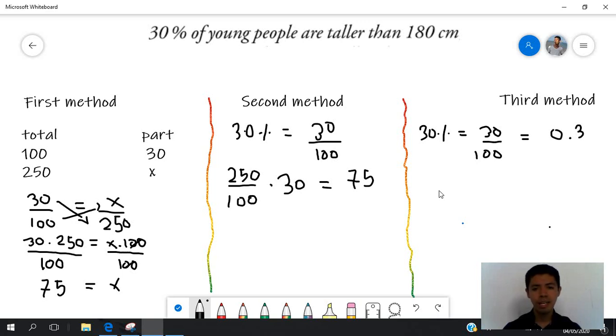Now, if I multiply 250 times 0.3, I will get 75.